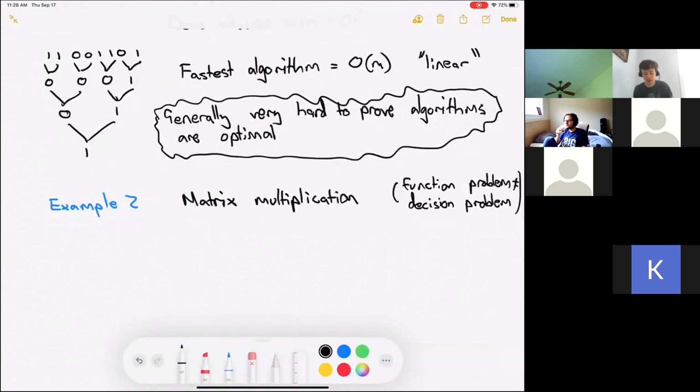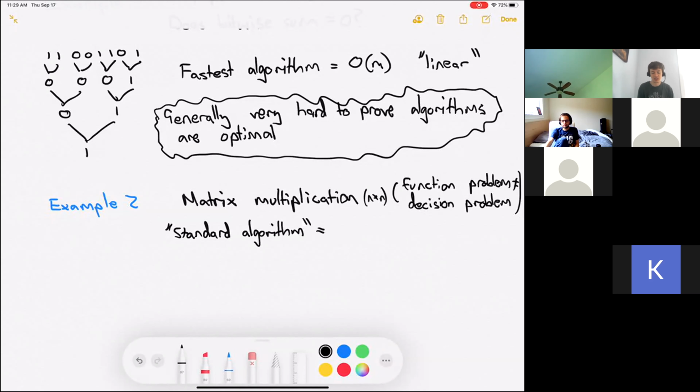Okay, so I'm going to assume that the matrix is an n by n matrix, i.e. the size of my input is order n squared, right? We have n squared entries in the matrix. So can anyone tell me the standard algorithm for matrix multiplication, how does the complexity of that algorithm scale with n?